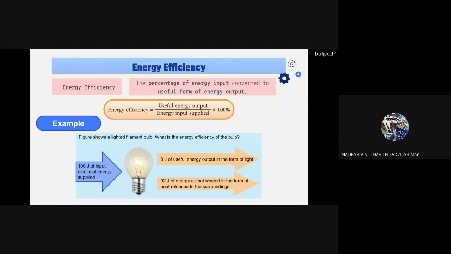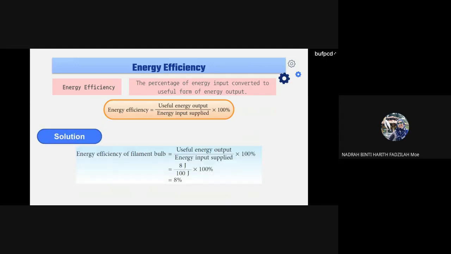The rest, 92 joules of energy, is wasted in the form of heat released to the surrounding. So when we want to calculate the energy efficiency of this particular filament bulb, kita apply the formula given, where we know that the useful energy is 8 joules and the energy input supply is 100, times 100. The energy efficiency of the filament bulb is 8%.